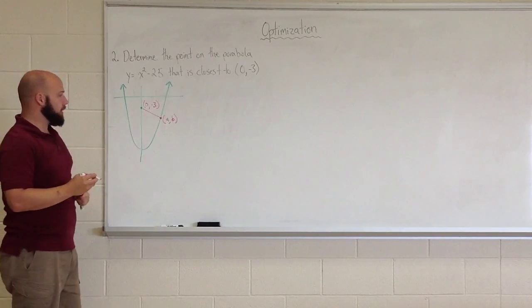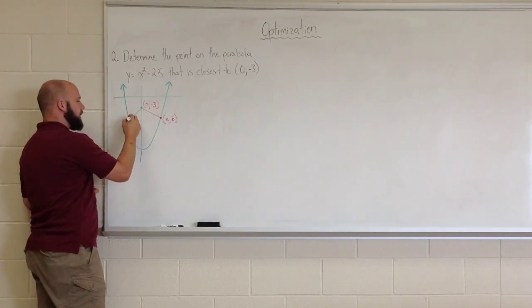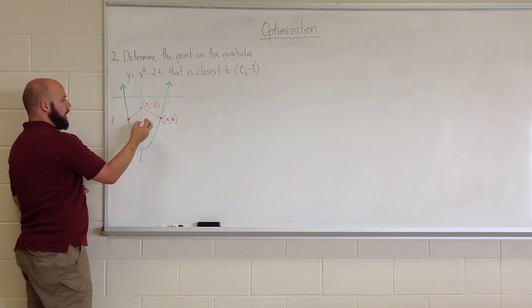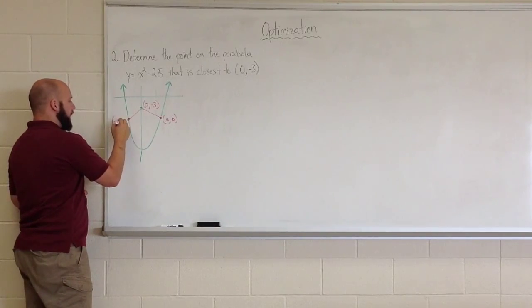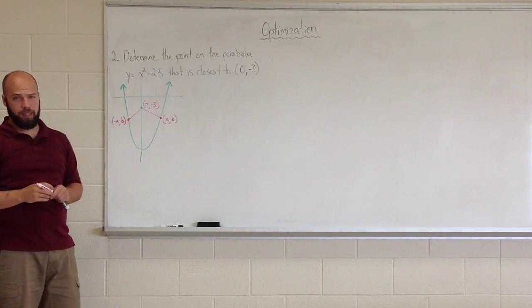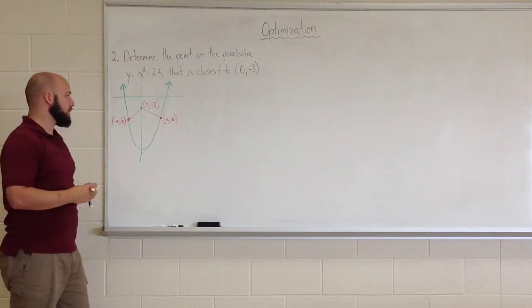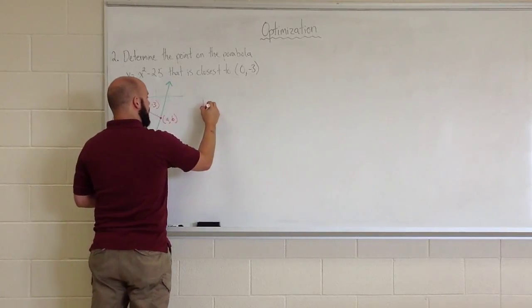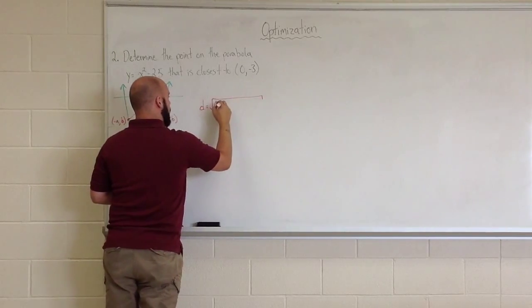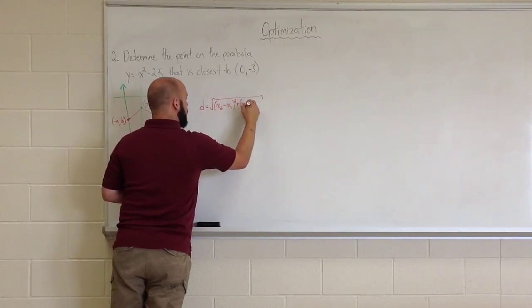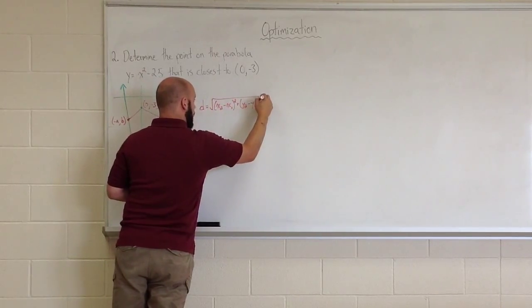Note that it is a parabola, so we will have two answers, because if (a, b) here is close to (0, negative 3), then (negative a, b) is going to be the same distance. And distance is what we're looking for. So you need to know that distance formula, where you have d equals the square root of (x2 minus x1) squared plus (y2 minus y1) squared.